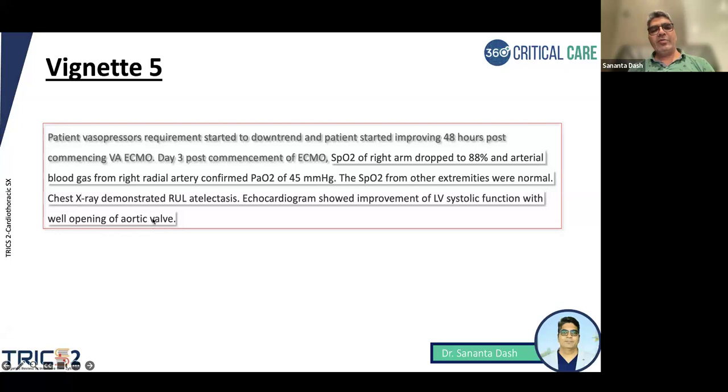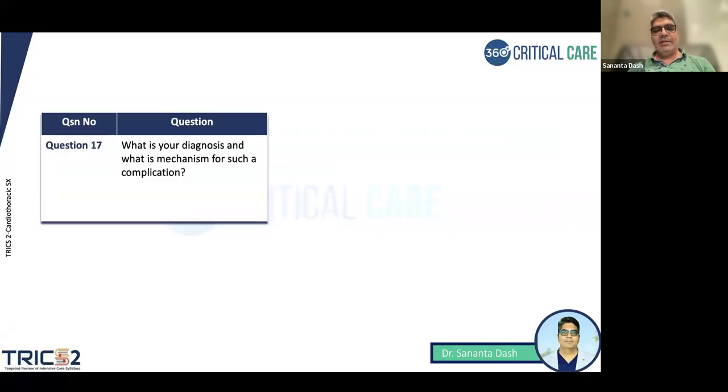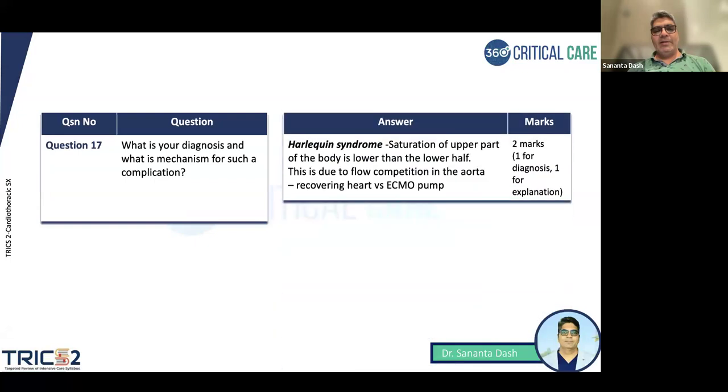If the aortic valve is opening and the patient is on ECMO, that means your heart is improving. You may not need the ECMO further. You try to wean off the ECMO and take it out. That's the problem here, because the patient is having what sort of problem? Anybody can reiterate that? Harlequin syndrome or differential hypoxia.